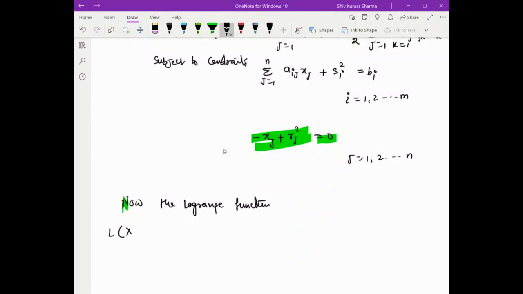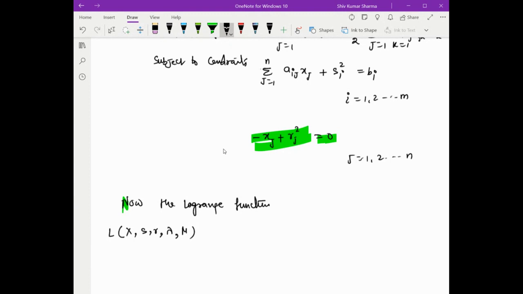How many variables are there? One is x, meaning x1, x2, x3, up to xn. Second is s, the slack variable, non-negative, si square. Another is r, which we use with the decision variables to make the equality, and another is lambda, and another is mu.